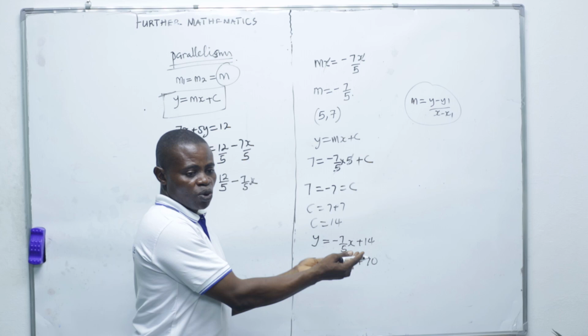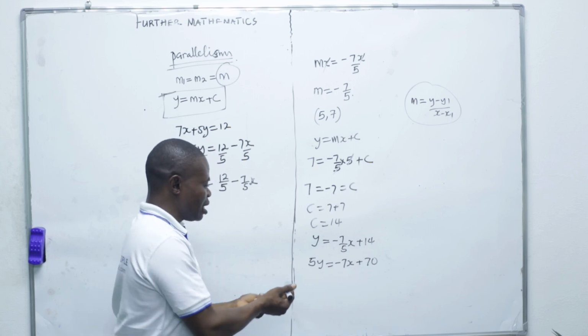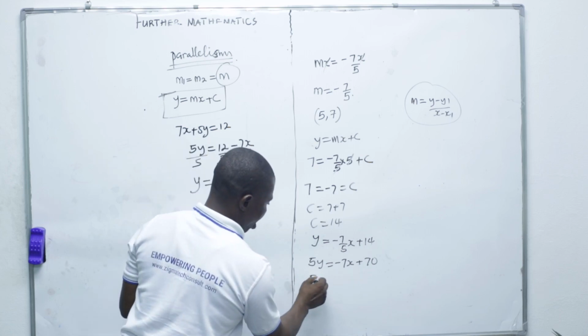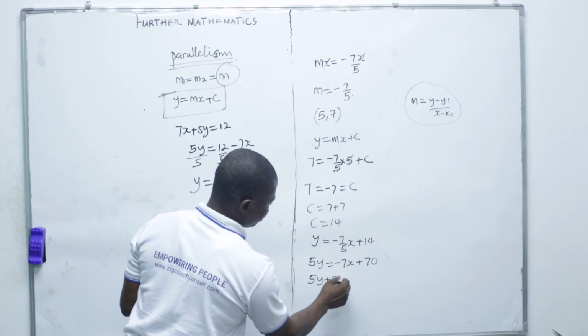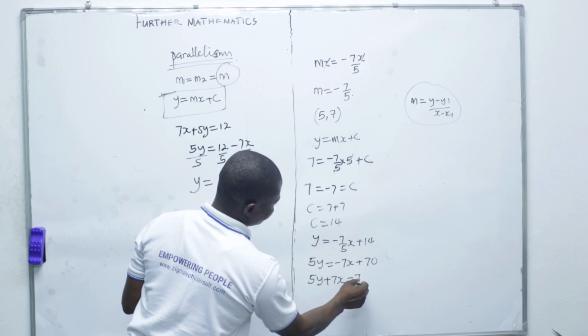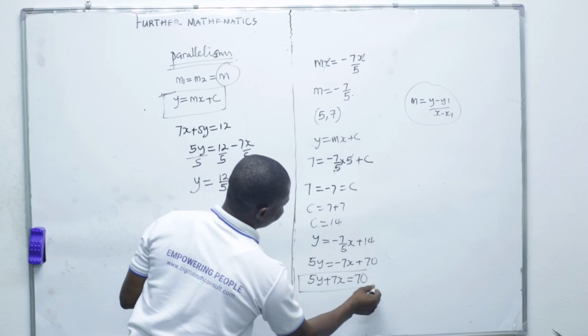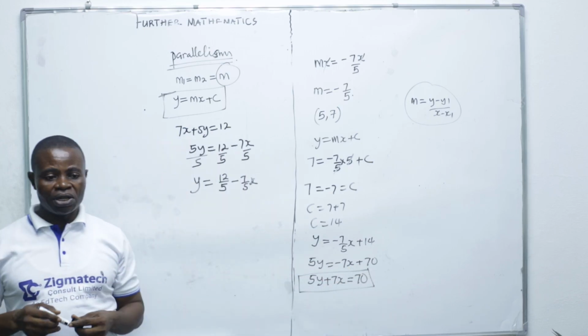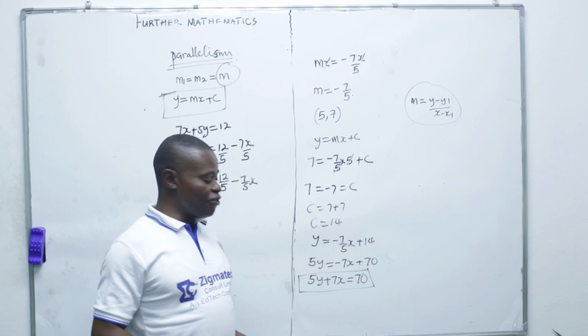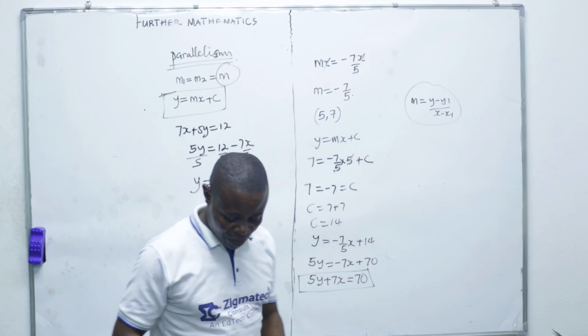If you want them to come together, you can still say 5y plus 7x equals 70. And this is the equation of the straight line. You have formed the equation of the straight line.